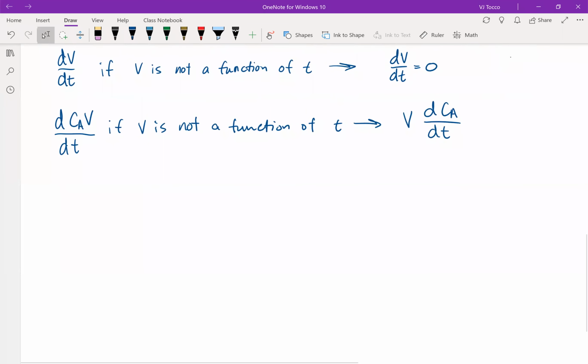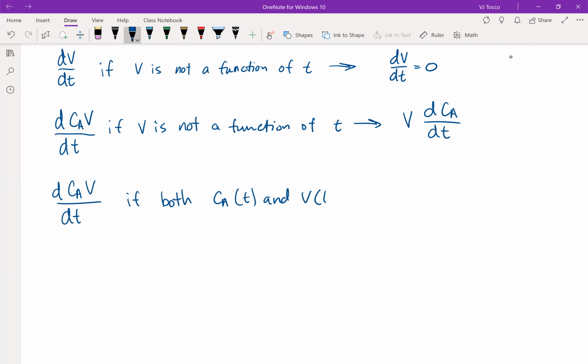What if V is a function of t, or what if volume and concentration are both changing with time? So d(CA V)/dt, and if both Ca and V are functions of time, this is how I express that mathematically: Ca of t and V of t means that both concentration and volume are functions of time.